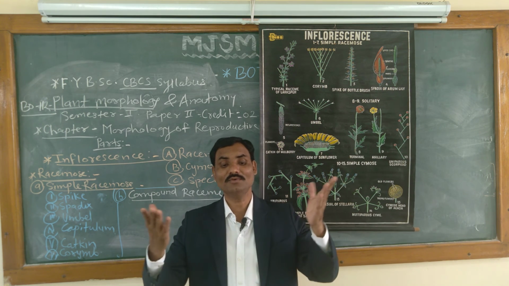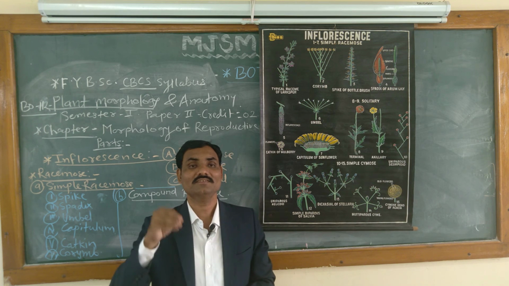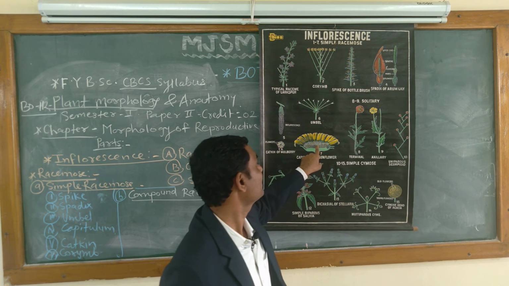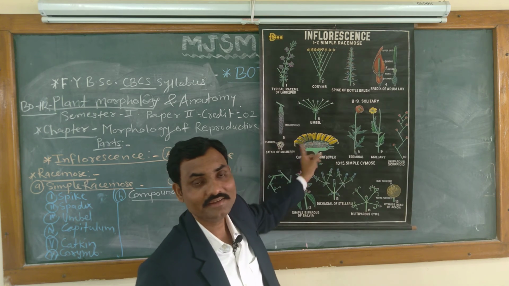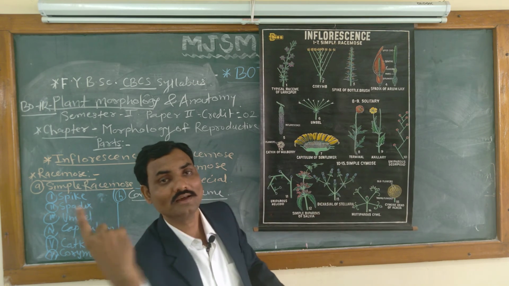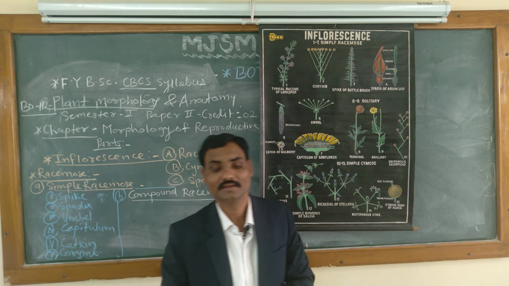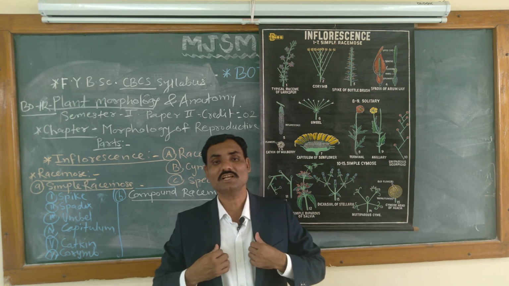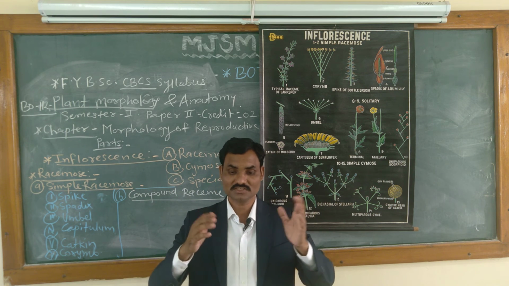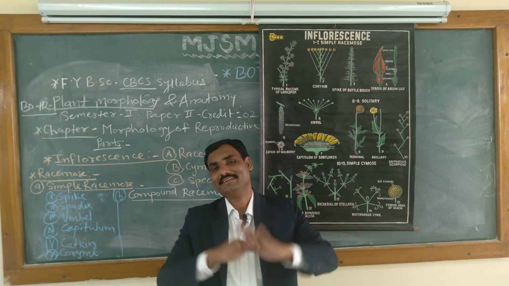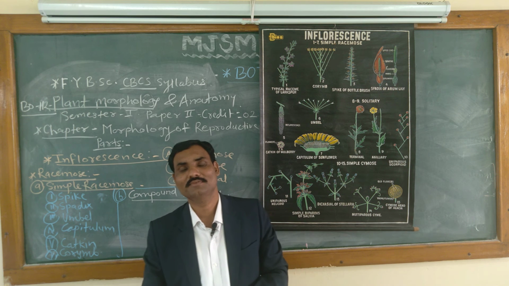Ray florets are found in the periphery and the disc florets are present in the center. Disc florets are at the center, ray florets are at the periphery, at the sides. The ray florets are structurally female but sterile, and do not take part in reproduction.